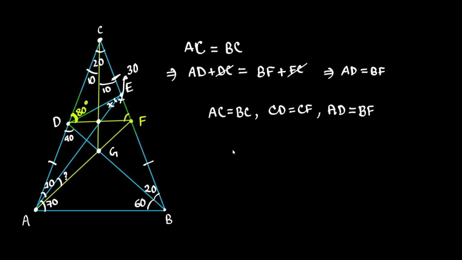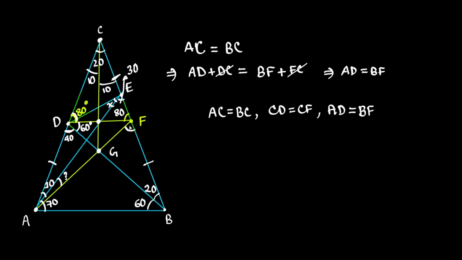We have already found out the angles here. This was 80, right? This is 40. So what about this angle here? The total is 180, so this is 60 degrees. Same for this one, this is 80.